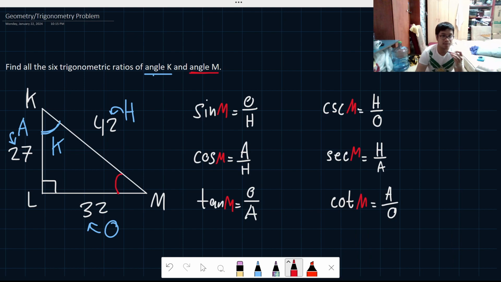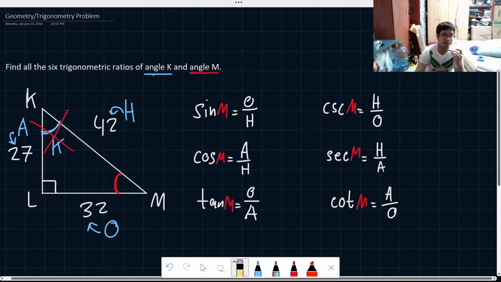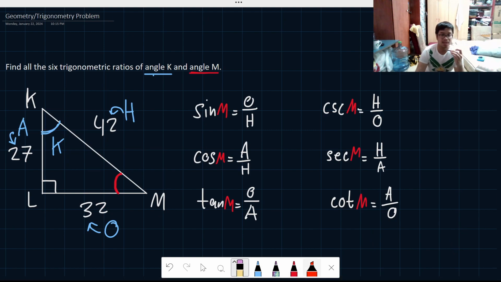So if that's the case, then what would be the parts of your right triangle? All right. So assume that we're not going to focus on this part, but only this part, angle M. Let's start with the easiest one. Of course, the longest side is still your hypotenuse. But look at the base.